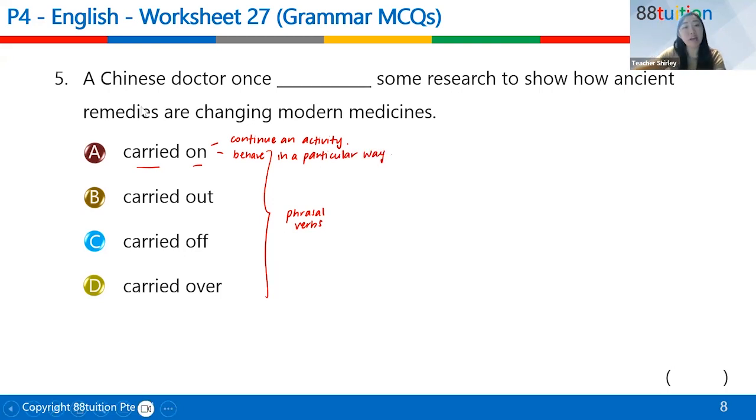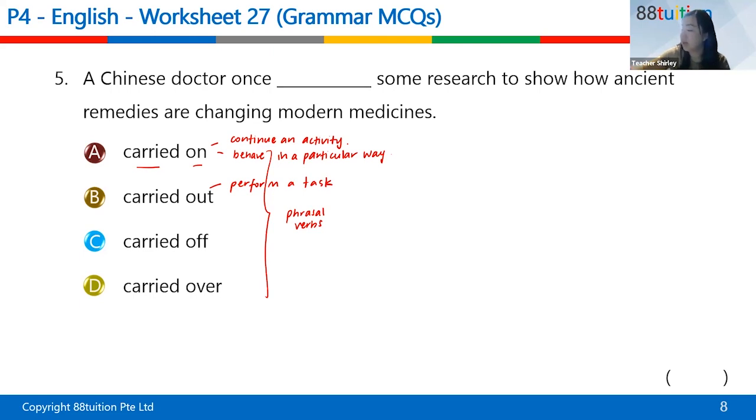Now carried out is somewhat different from carry on, because carry on means you continuously do something repetitively. But if I were to say carry out something, you are performing a task. Maybe you want to carry out a research or something, right?